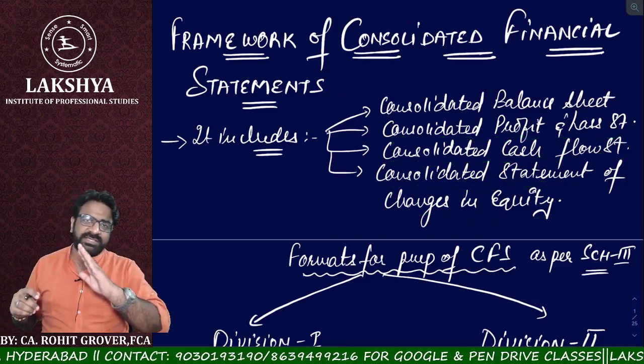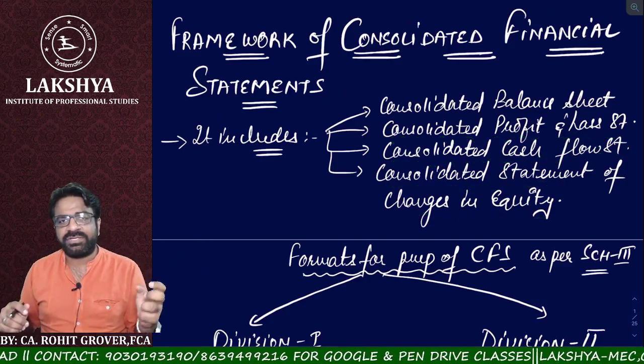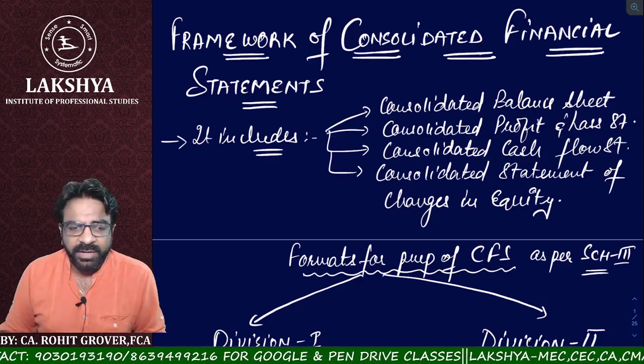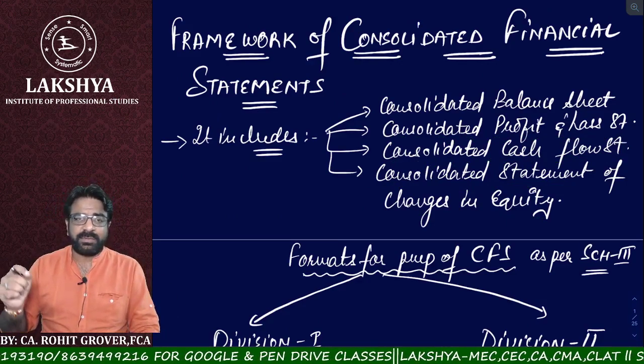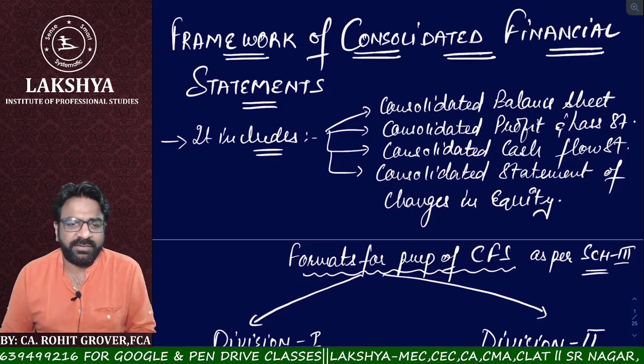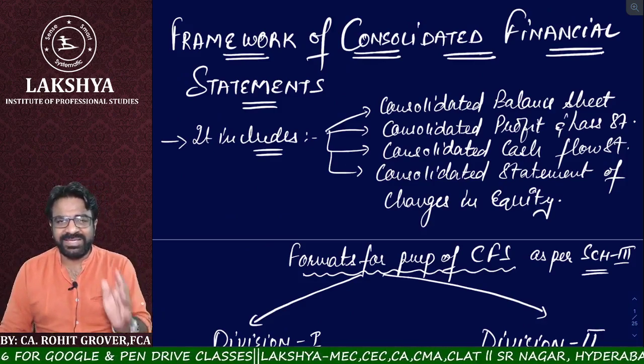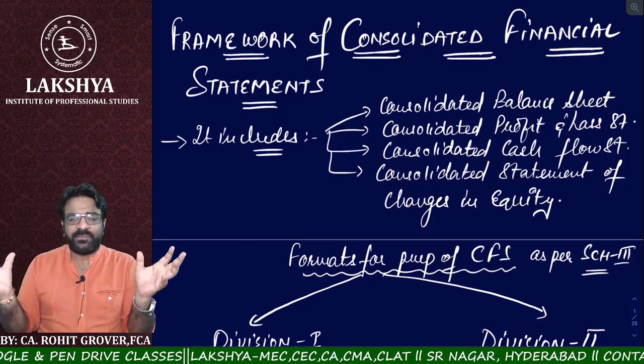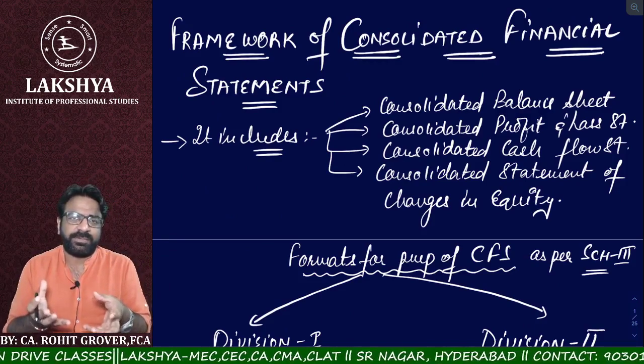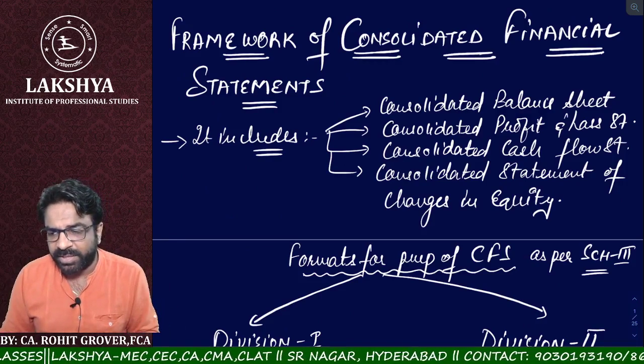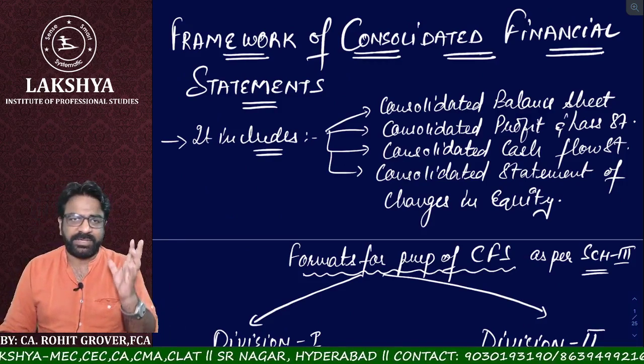So as the standalone financial statement definition is given under section 129, the same consolidated financial statement definition is also given under the same section. This is basically the framework of this chapter, audit of consolidated financial statements.